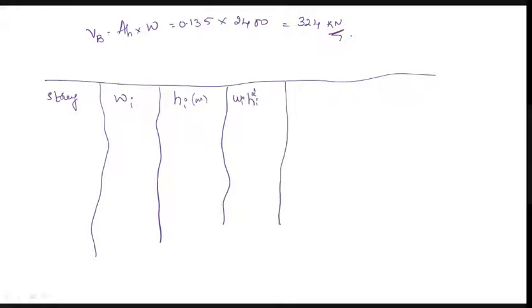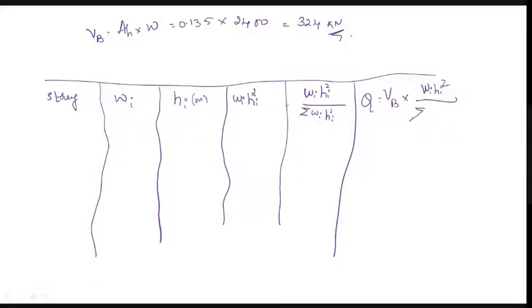It is also available in the code book. I will show you. Wi Hi square upon summation of Wi Hi square, and the lateral force Q is equal to base shear multiplied by Wi Hi square upon summation of Wi Hi square. I will show you in the code book.